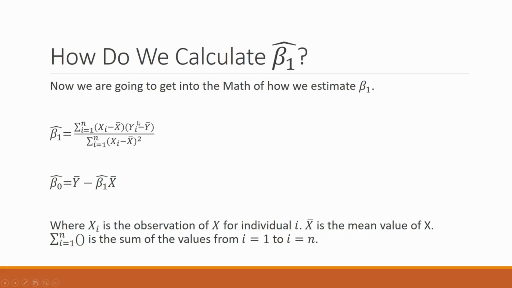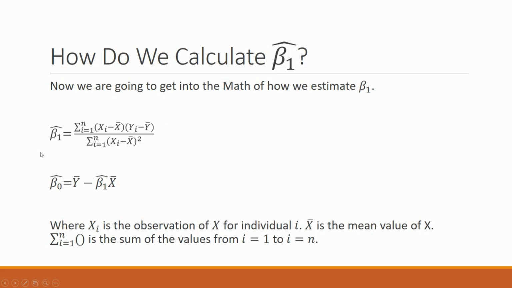Beta 1 hat is equal to this expression. It's the sum, for all the individuals in the data set, of the difference between the individual x value and the mean times the individual y value and the mean, divided by the sum for all the individuals in the data set of the difference between the x value and the mean squared.